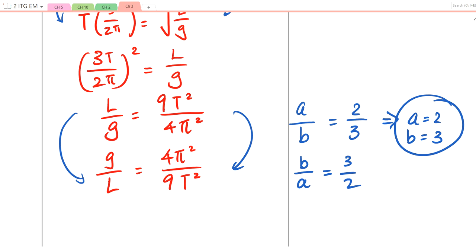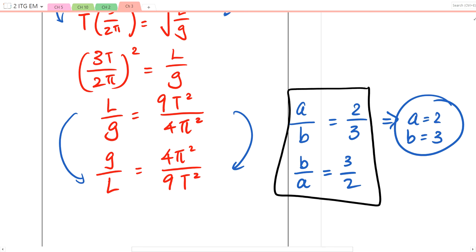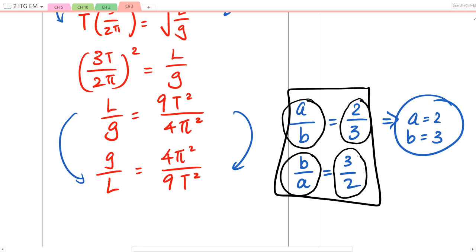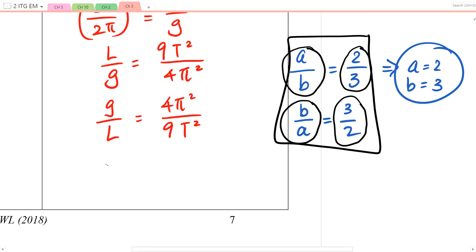And from this little exercise, we see that when I want to flip A and B to become B over A, the result is simply 2 over 3 flipped over to become 3 over 2. So this is a little shortcut that we can do. So now I want G as the subject. I'll multiply by L on both sides. So 4 pi square L divided by 9t square.